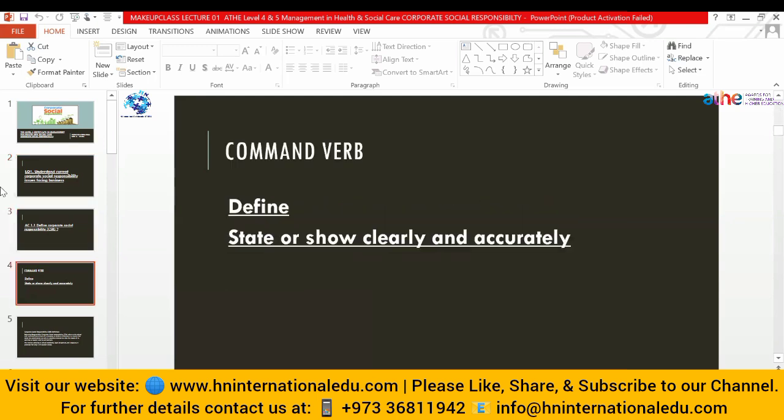Define CSR. Again, focusing on the command verb, it's very important. And then you have to jot down the answer according to the indicative content point and the suggested evidence. Define means state or show clearly and accurately. That is, you have to be concise and at the same time, you have to be clear as well.